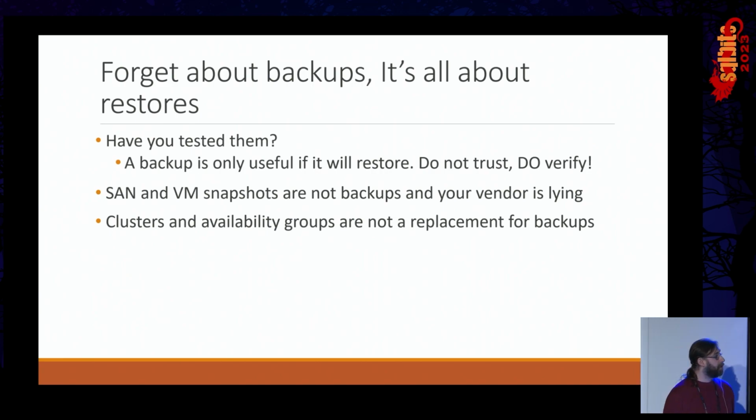So, another common misconception. Clusters and availability groups are not a replacement for backups, right? A lot of people think, oh, if you've got an availability group and there's corruption, the page will just come across from one of the secondaries. And let me tell you, while it is painful to intentionally corrupt a database in an availability group, specifically on the secondary to test, it's doable.